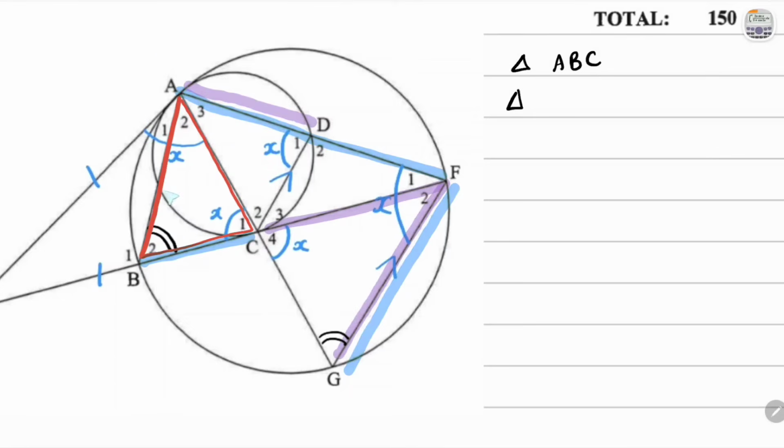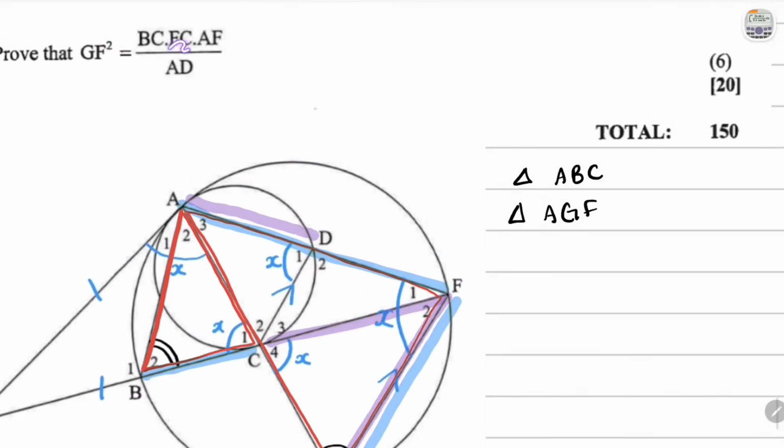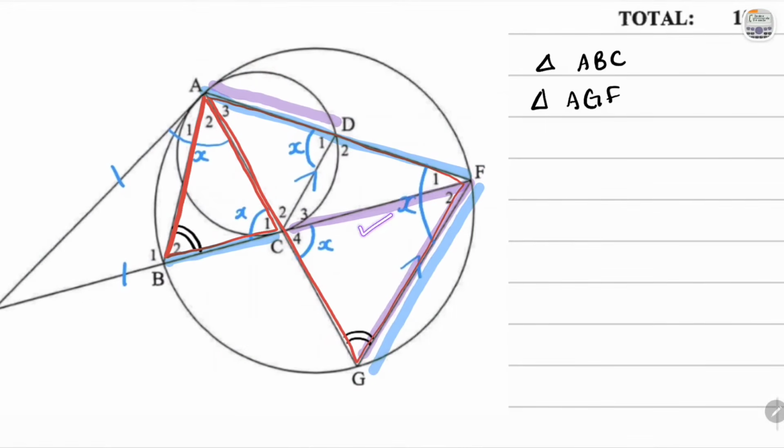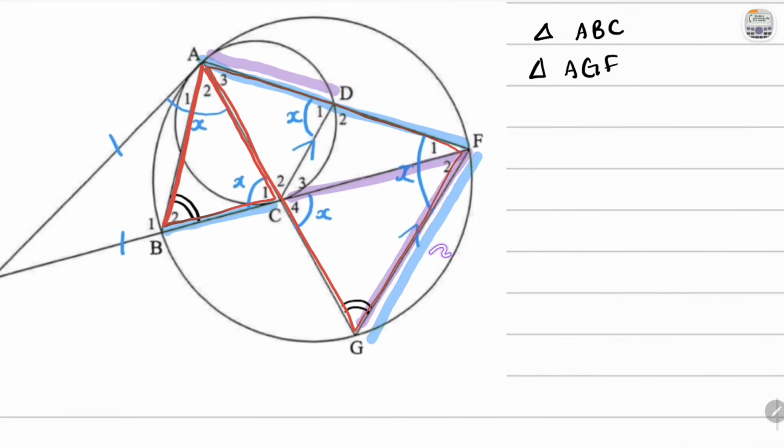Let's outline that. We're still looking at the sides that are highlighted. Over here, GF is highlighted again, but we also highlighted this line CF because it's included in the equation. The only triangle that CF could belong to is this triangle over here.